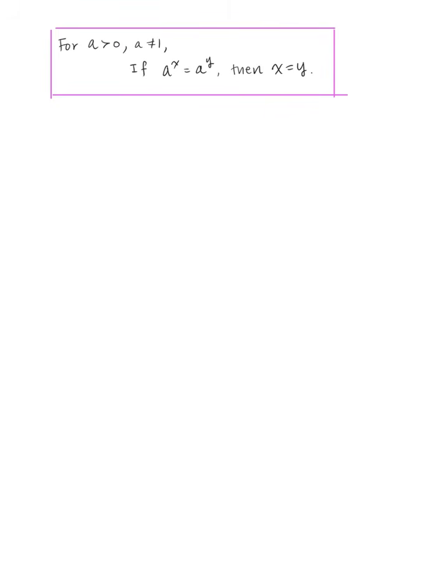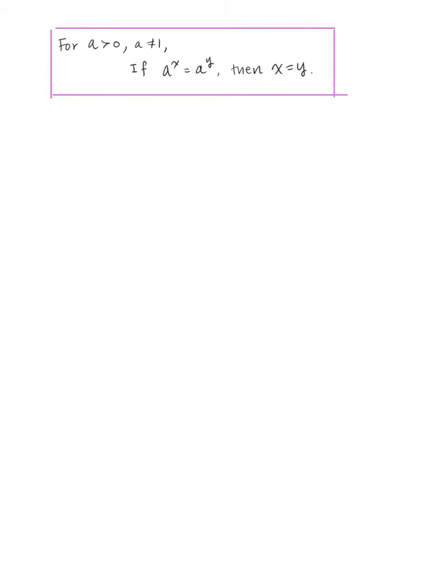Now our next topic is solving exponential equations. To solve exponential equations, we're going to have to know this property. It says that for a greater than 0 and a does not equal 1, if a to the x equals a to the y, then x must equal y.